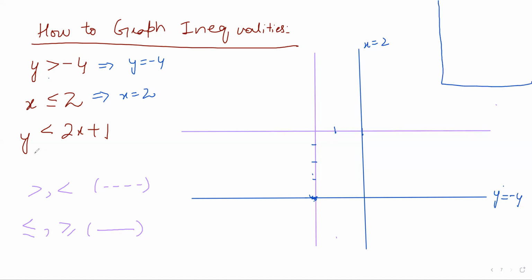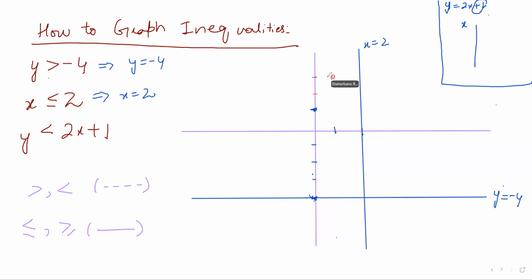Now I am writing here. You should know how to plot the line for y is equal to 2x plus 1. Teacher, the y-intercept will be 1 and we will do 2 rise and 1 run. Where will I plot the line? This is the y-intercept 1, so it's going to cross this point. Then it will be 2 rise and 1 run, so the second point will be here.